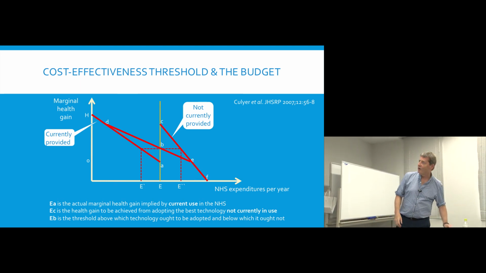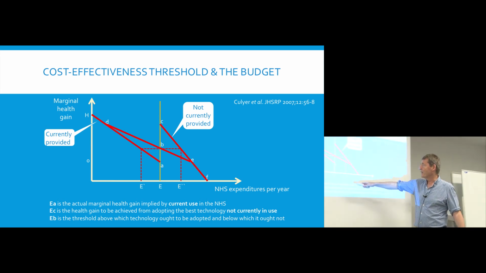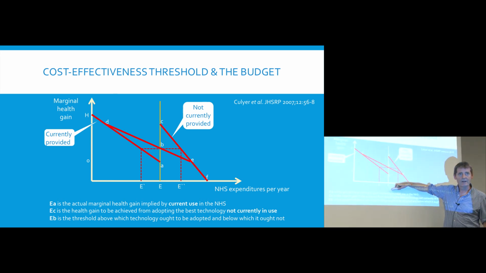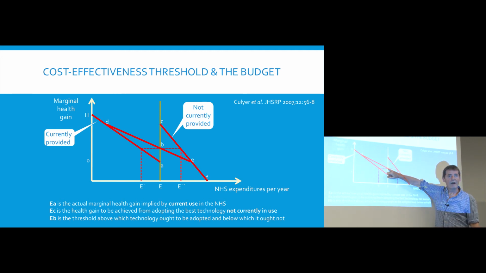Okay, now imagine the budget has remained the same though. The best we could do with this budget would be achieving a marginal health gain of EB on that would be our least, as it were, productive activity. Right now, the activity that's giving us the least benefit is here.